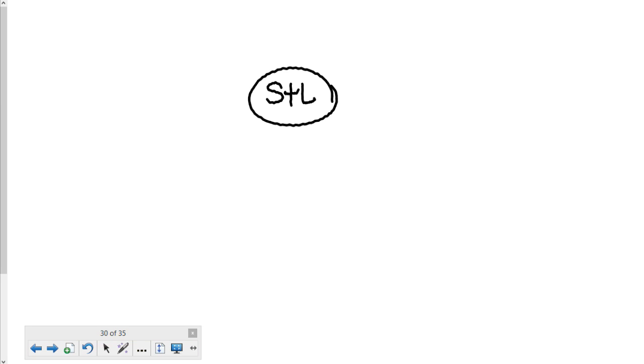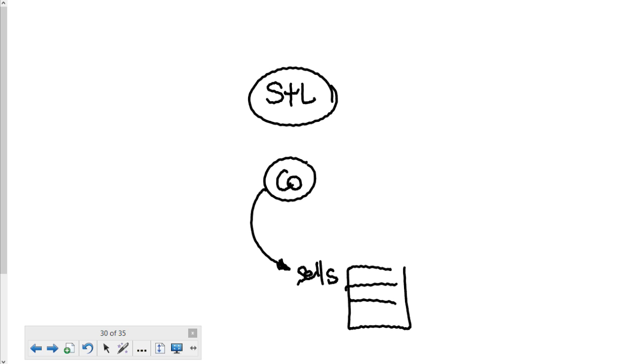So what happens with the sale and leaseback? The company sells the machine to the bank, and then the company leases it back from the bank. And that is exactly how SARS sees it.